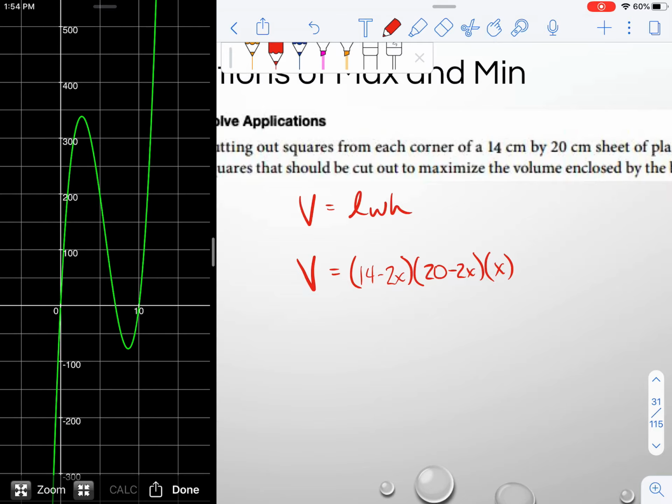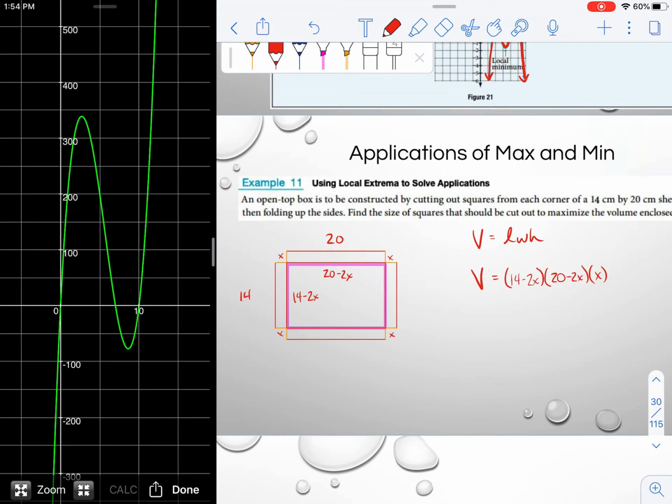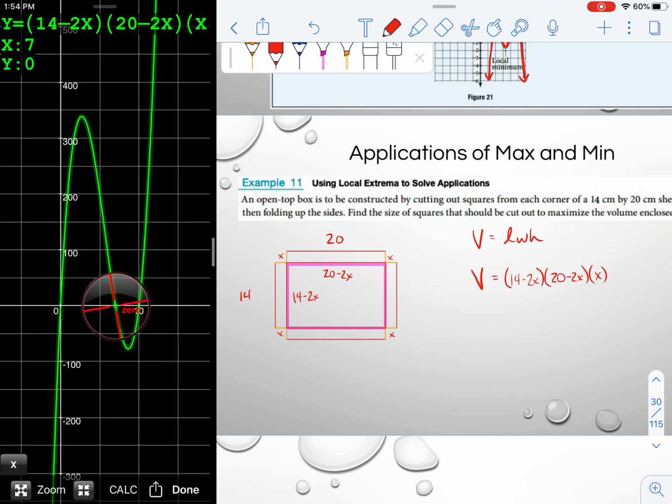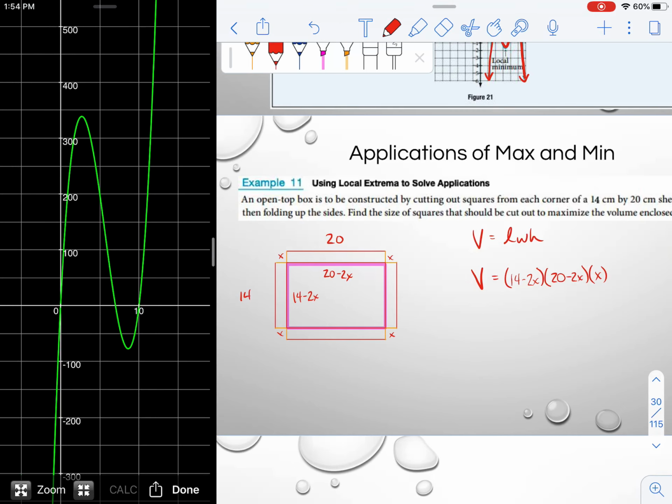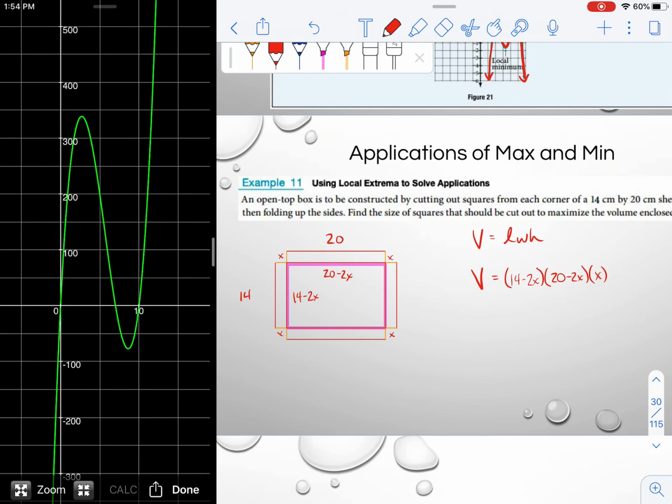Okay, now I can't cut more than a 7-inch square out. Think about it. I have x-intercepts at 7, at 10, and at 0. If I cut a 7-inch square out, then I would have cut this entire square out, which means the entire length, if you will, of the box is gone.